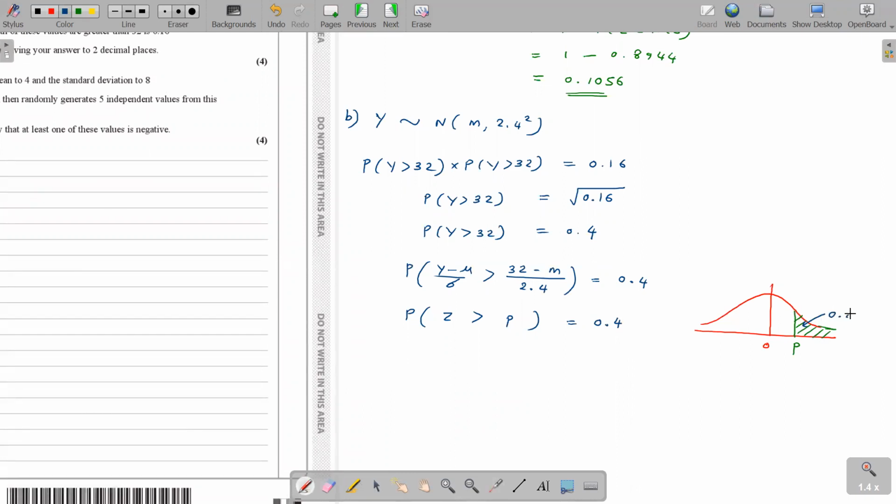And when you look at this probability value, it's a very neat probability value. There are two probability tables given in your table, so use the second table. P is a positive figure, so use the second table, the second 1 minus phi z table. Yes? 0.2533. P is 0.2533. Check the second table, not the first normal table, the second normal table. Okay, let me show it to you all.